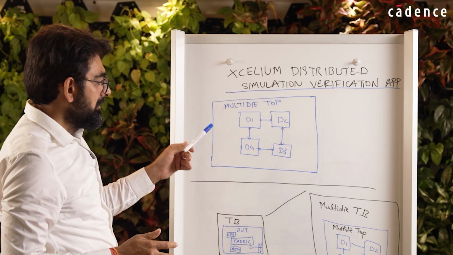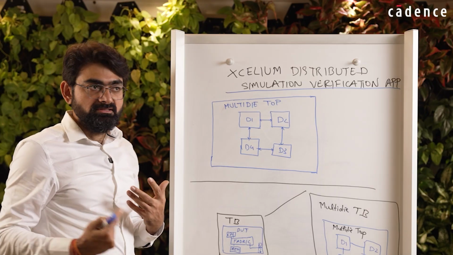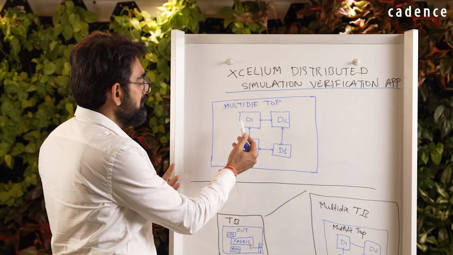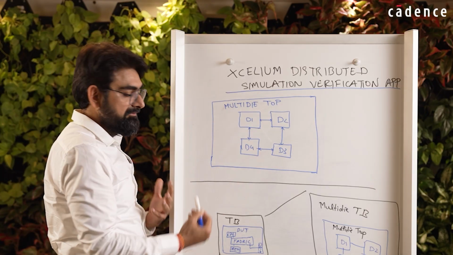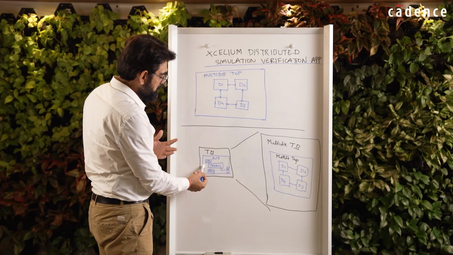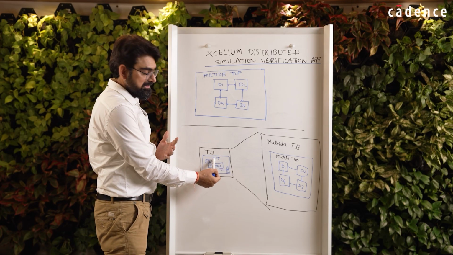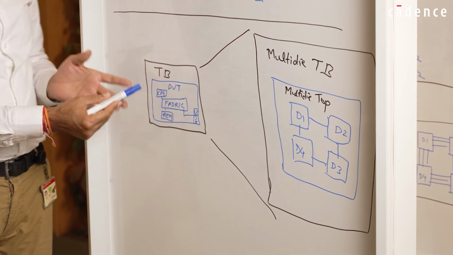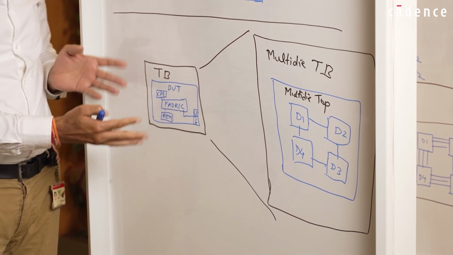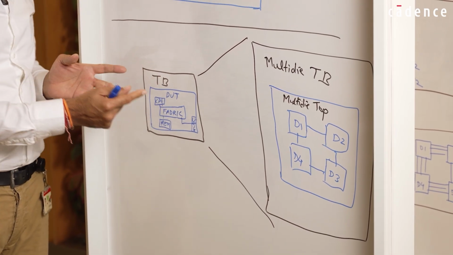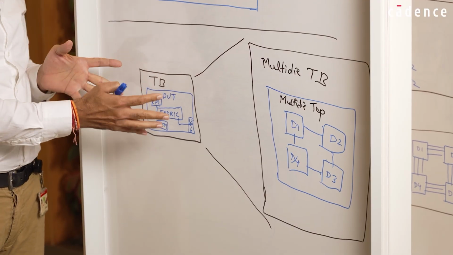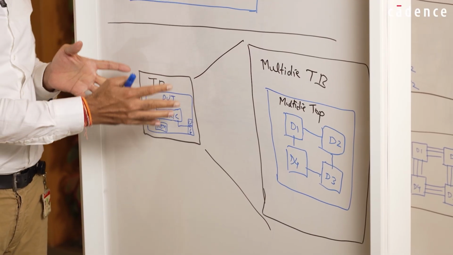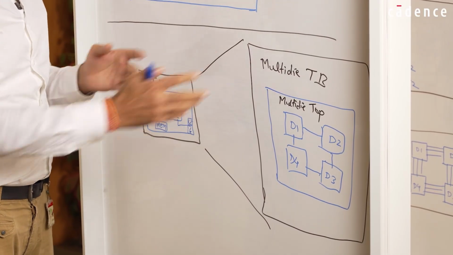Now, to realize those challenges, you have to imagine that you start with the design and verification of a single die. So naturally, you will have a single design and its test bench, a monolithic one, which you will design and start verifying. Once this single die is verified, naturally you will go to the next step.